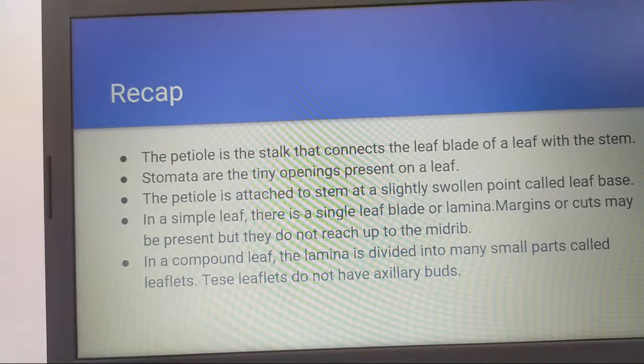Then these diagrams will be seen in the copy which you will get soon.